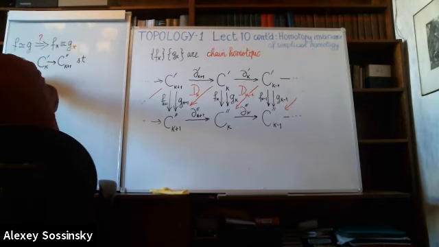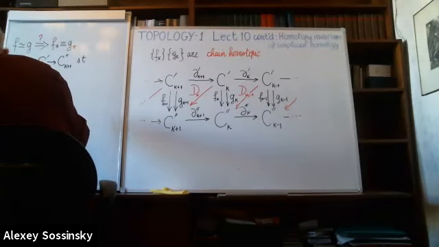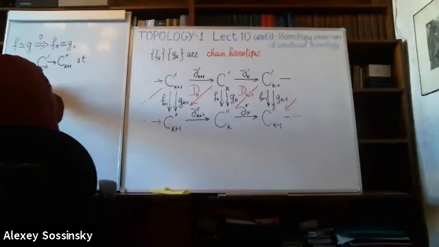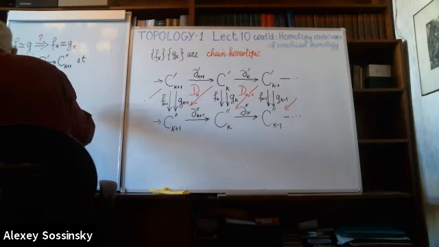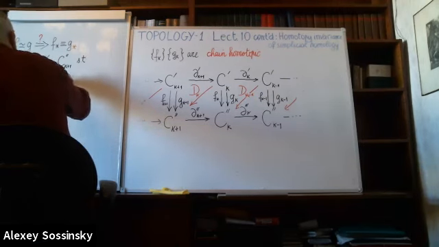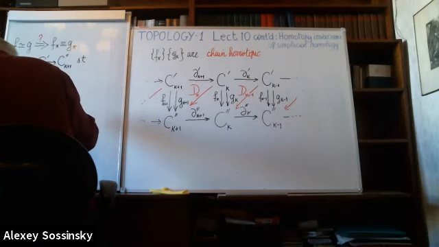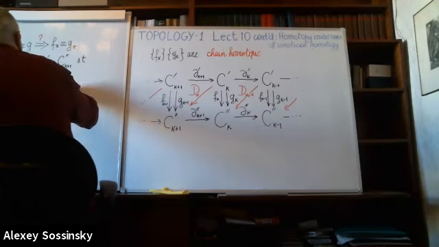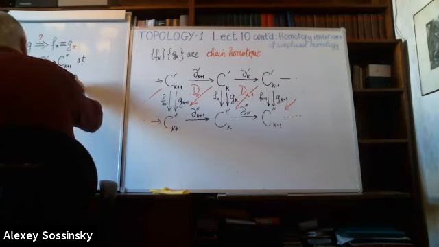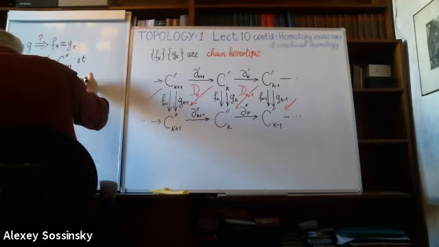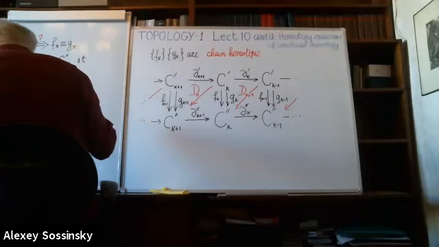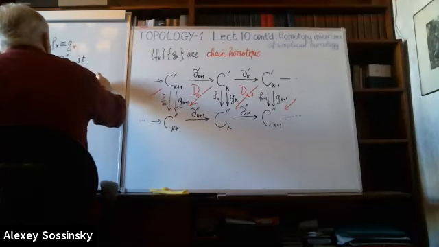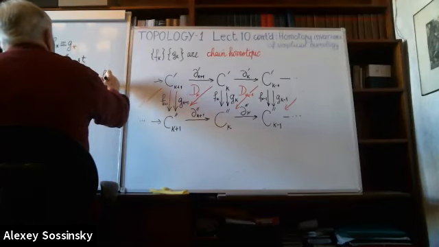I'll write it out and explain it on the picture in a moment: D prime k plus 1 dk plus d k minus 1 d prime k is equal to the difference between gk and fk.